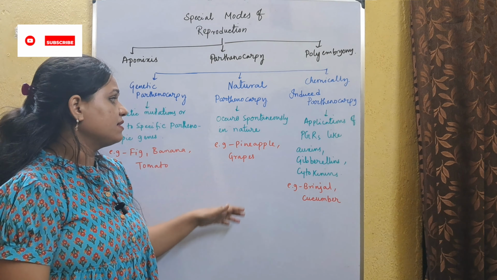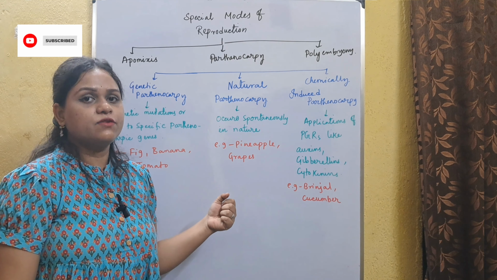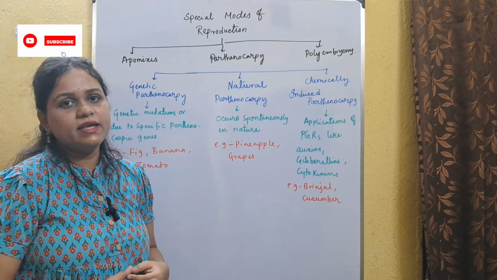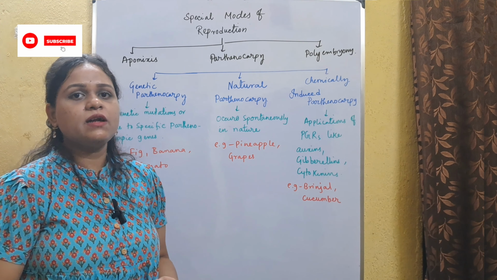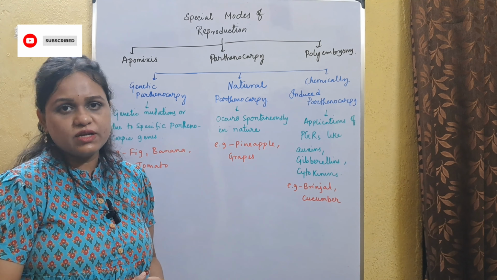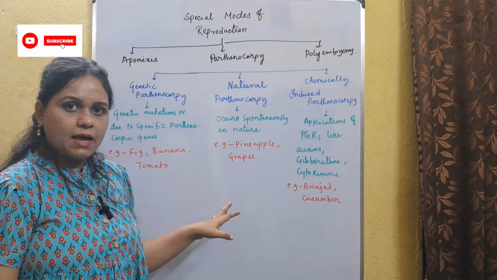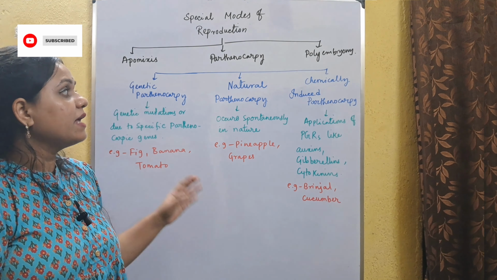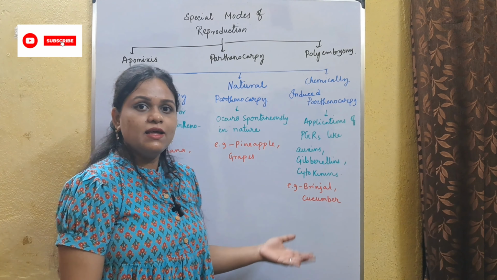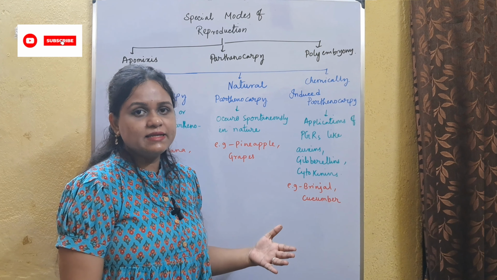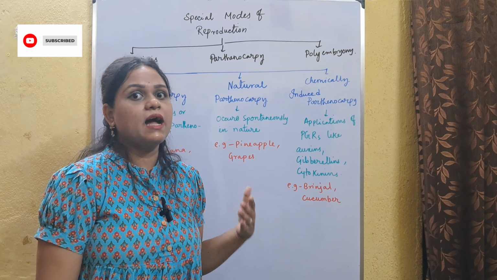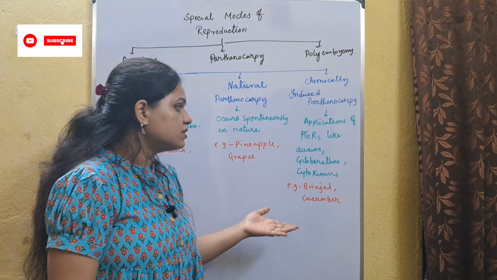Now, natural parthenocarpy is naturally occurring in nature, and it doesn't have any effect of other genes or other mutagens. It is seen in pineapples and grapes. Now, chemically induced parthenocarpy is used for a very simple purpose, that is commercial cultivation of fruits.